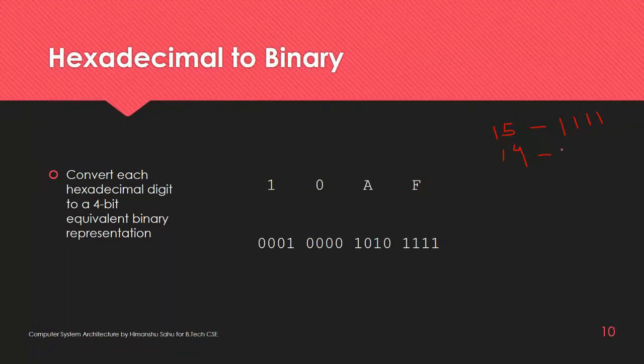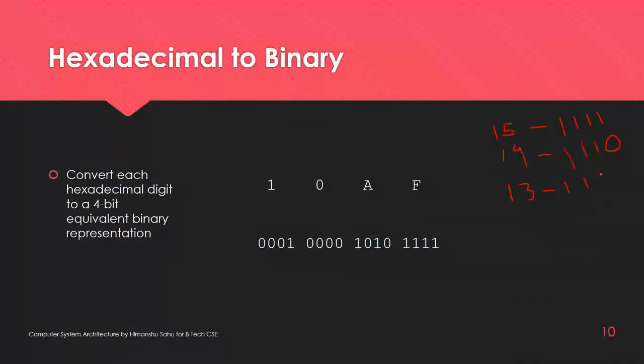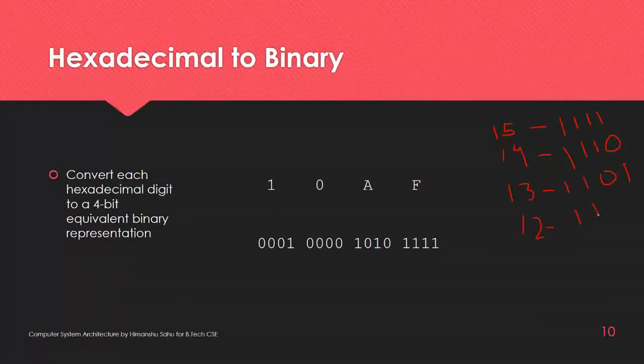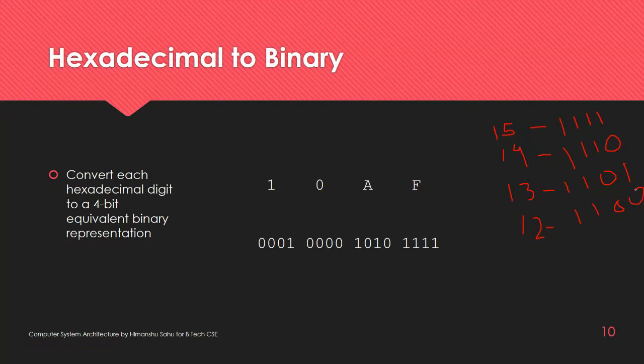So 14 will be 1110, and similarly 13 will be 1101, 12 will be 1100, 11 will be 1011, and 10 will be 1010.